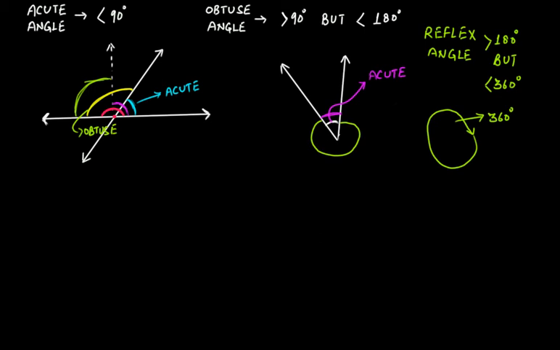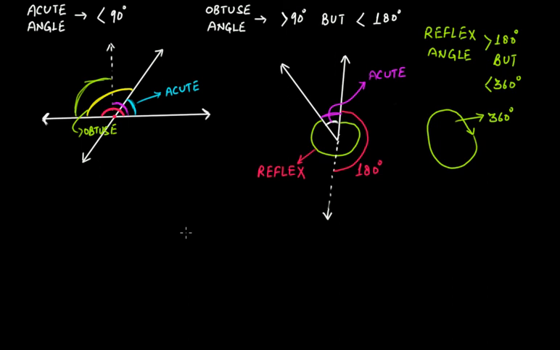Because if you extend this ray in this fashion, making a complete straight line, that will be a straight angle, that is 180 degrees, and our angle is crossing this 180 degrees, so it is greater than a straight angle, but it could not reach 360 degrees. It stopped here, and therefore this angle is a reflex angle.